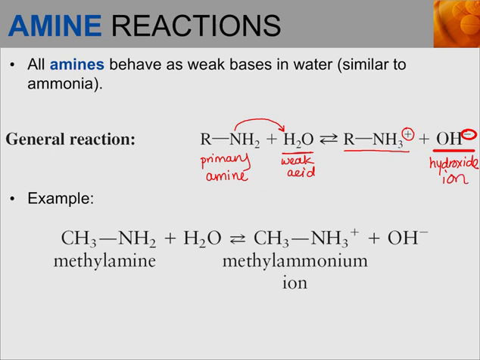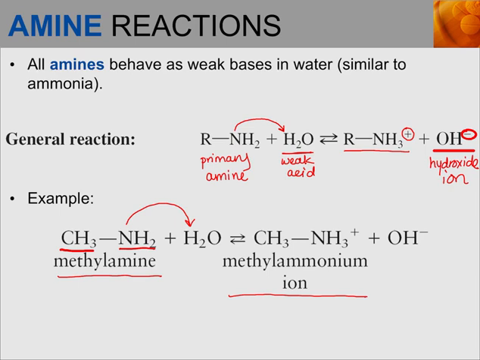So as an actual example, we could start with methylamine. So we've got our methyl group and then our amine. And again, the nitrogen is going to grab a hydrogen from water, which is acting as our weak acid. And that's going to create something called the methyl ammonium ion.